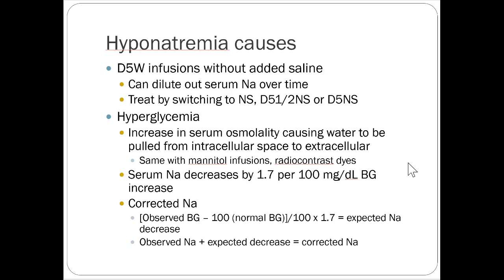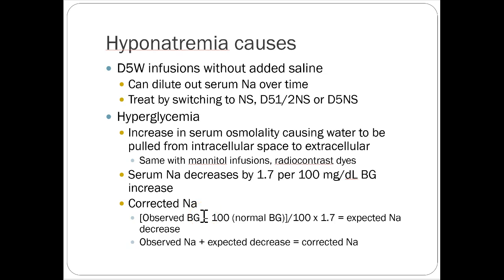Serum sodium decreases by 1.7 per 100 milligrams per deciliter of blood glucose increase, so you can actually do a calculation. The point is that if you have somebody with a really high blood glucose, the sodium you see on their lab report isn't going to be the actual sodium, so you have to do a corrected calculation.